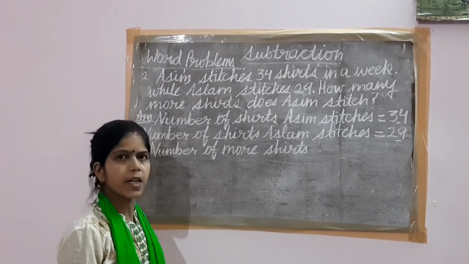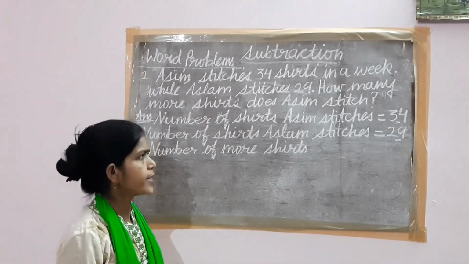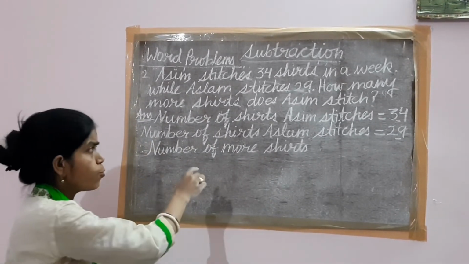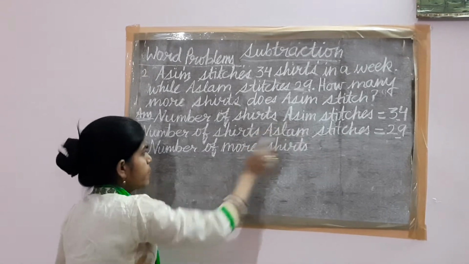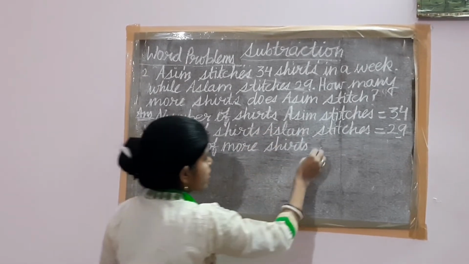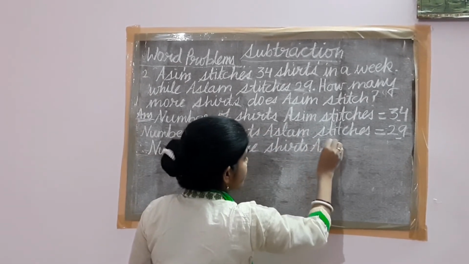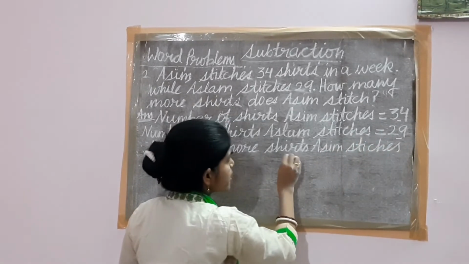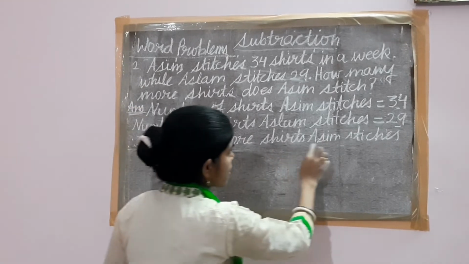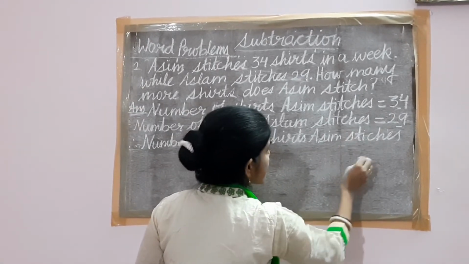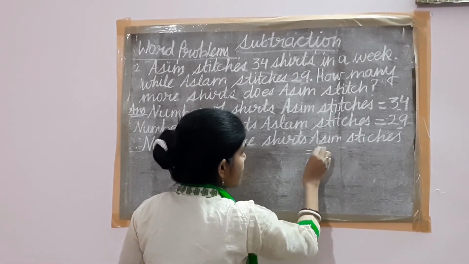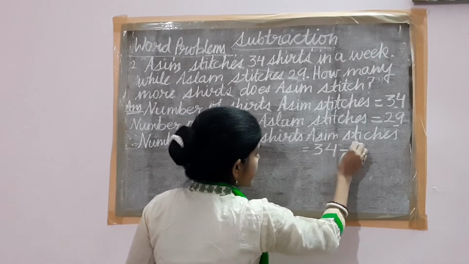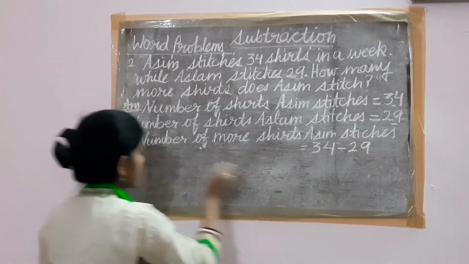We know that 34 is bigger than 29. Then who is stitching more? Asim. Number of more shirts Asim stitches is equal to, you have to find by doing subtraction.